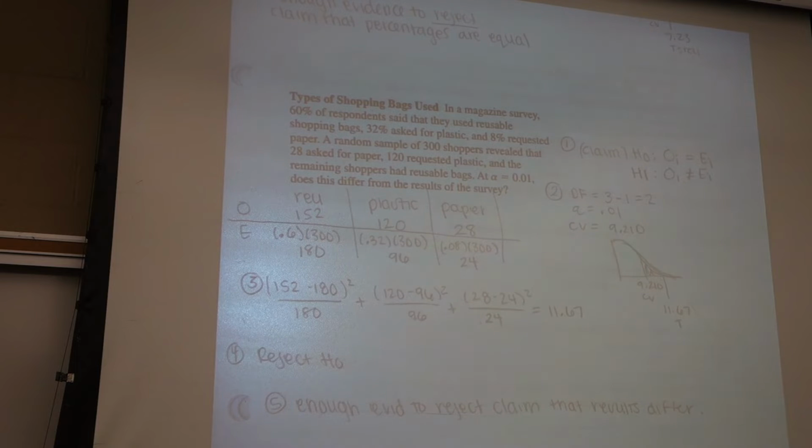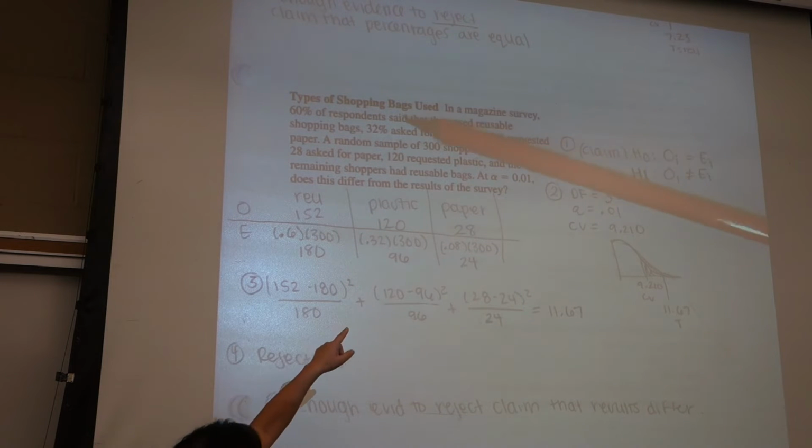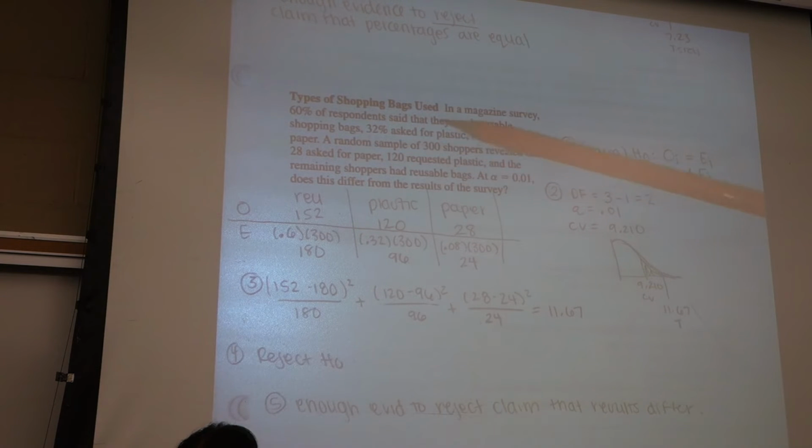Okay, starting off, you're going to get your claim. Your claim is always going to be H naught. The first thing when you create your chart, if you notice, everything's kind of out of whack. It first gives you reusable plastic and then paper, but when they actually give you the expected, it gives you the paper, plastic, and then the reusable bags. So you just got to make sure that you put them all in order.